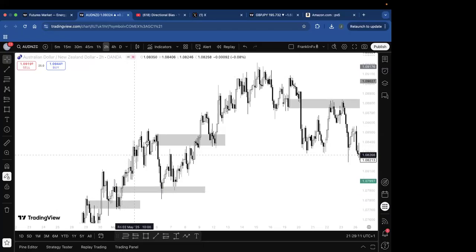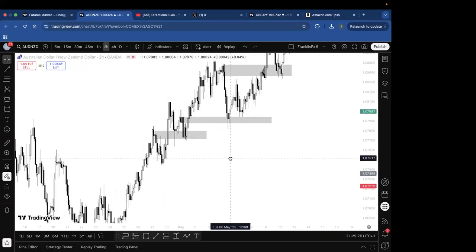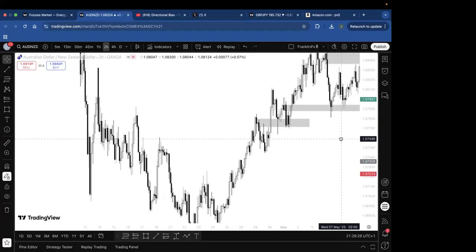Broke it, went up, then came back to it, touched it, then boom, all the way up. Breaker block. So it is precise, it works so well, it is very, very powerful.